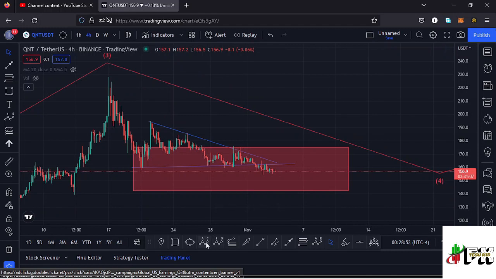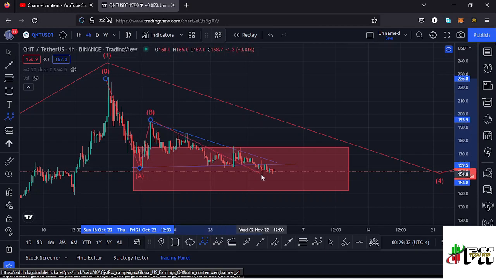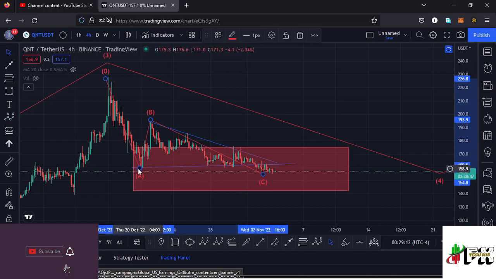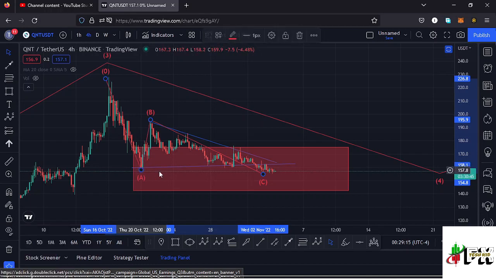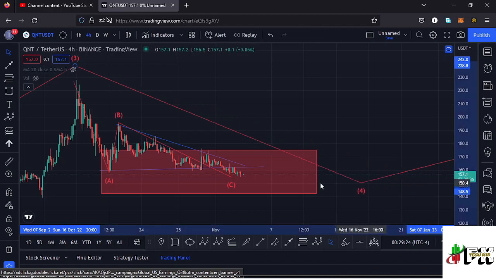Over here we are seeing the formation of a wave A, then we have seen a wave B making our peak at around the $195 mark, then we have continued pushing lower in the formation of a wave C, which for now has met the minimum that I expected that wave C to do, by retracing and making a low that is below the low that we had for that wave A, which was at around the $158 mark, and the low that we have for the wave C is now at around the $154 mark, meaning there's a possibility that the low is in the formation of this fourth wave over here.